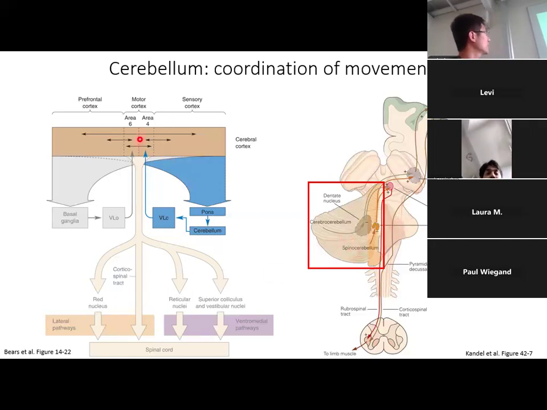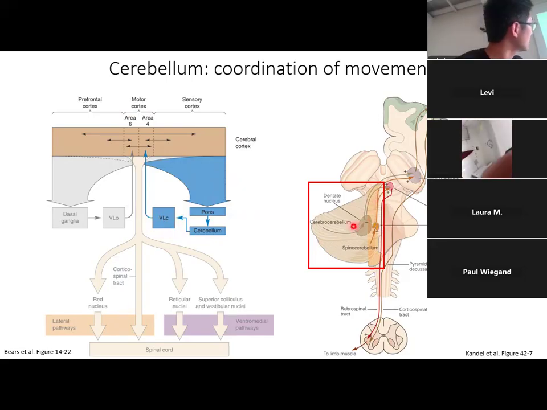Anatomically, you see the motor cortex sends commands first through the pons, which is an area of the brainstem, and then these motor commands go to the cerebellum, and these go to the ventrolateral nucleus. This is a part of the thalamus, and then it goes back to the motor cortex.